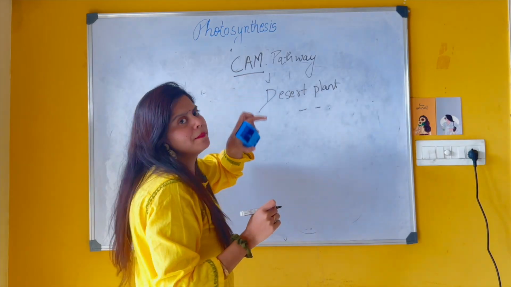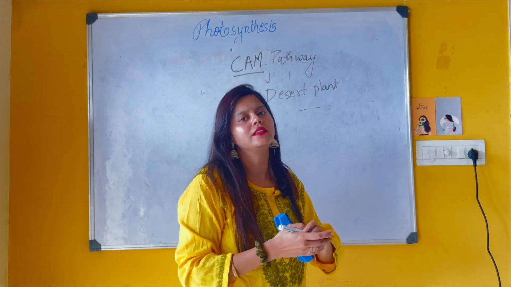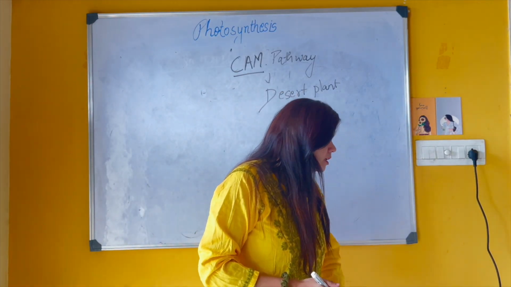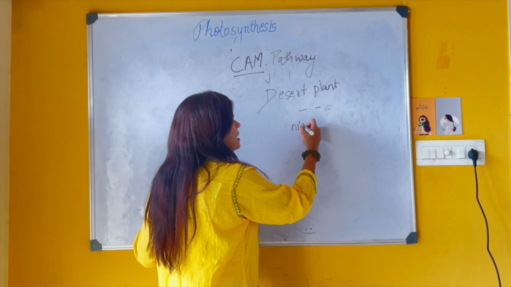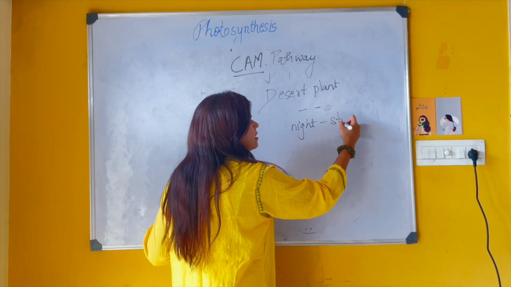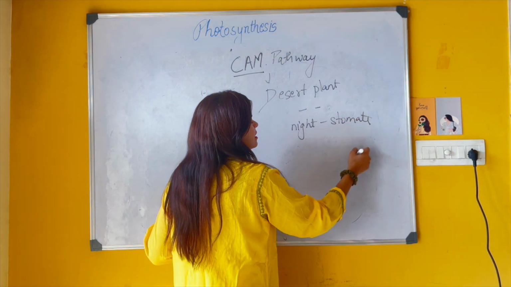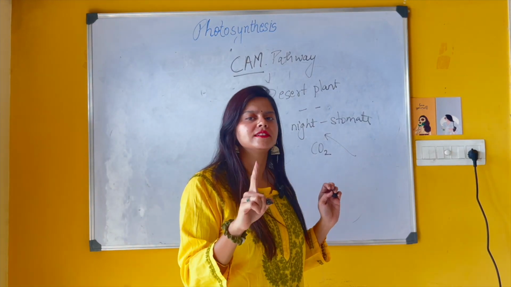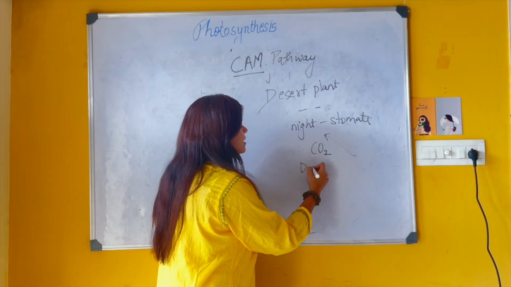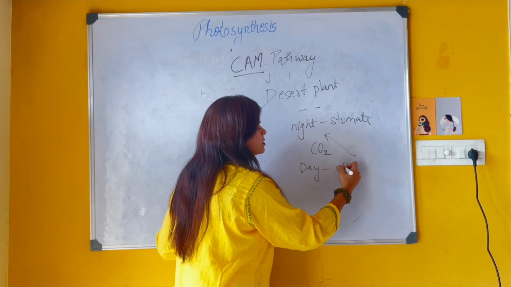So what is CAM pathway? CAM pathway में क्या करते हैं desert plants? They open their stomata at night. Night में they will open their stomata and will take in carbon dioxide for the process of photosynthesis. During the day, they keep their stomata closed.